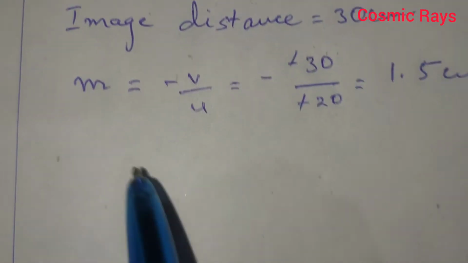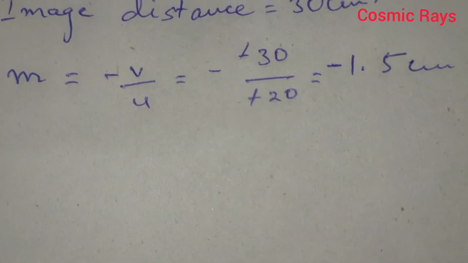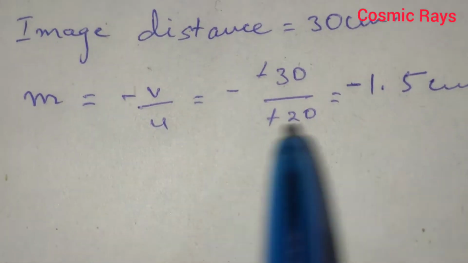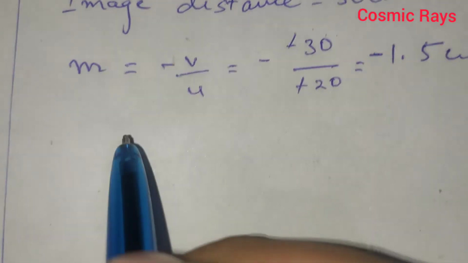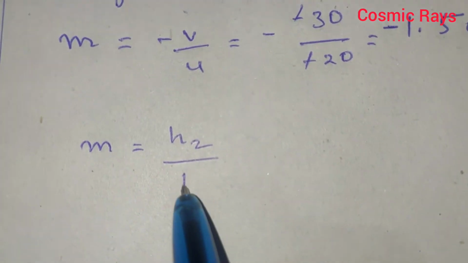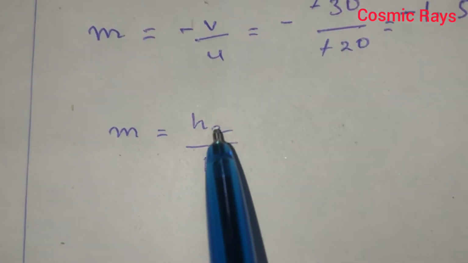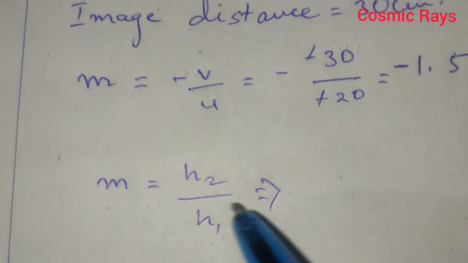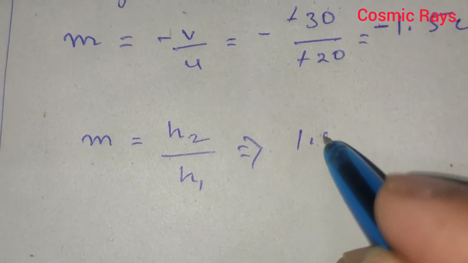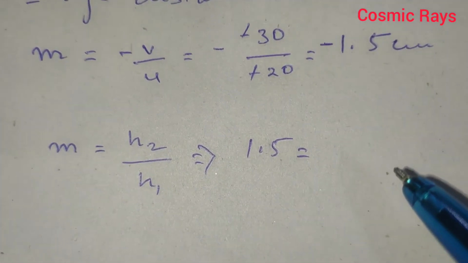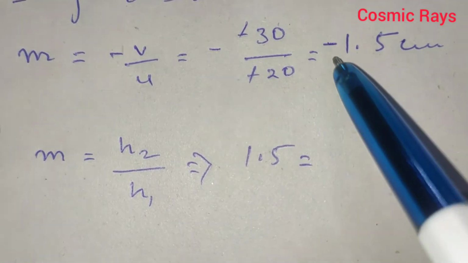Now, this is the magnification. Magnification has another formula, that is m is equal to h2 upon h1, meaning height of the image upon the height of the object. So magnification 1.5 is equal to h2 upon h1. The minus sign will tell us whether it is a real image or a virtual image.